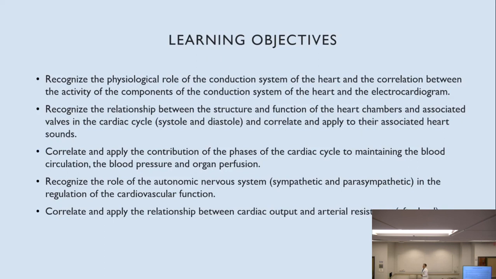Okay, so let's take a brief look at the learning objectives. You're going to understand how we organize the physiology. We were talking at the beginning about some basic principles, then we moved into action potentials, different types of potentials. Notice that now we are going to start building on that.